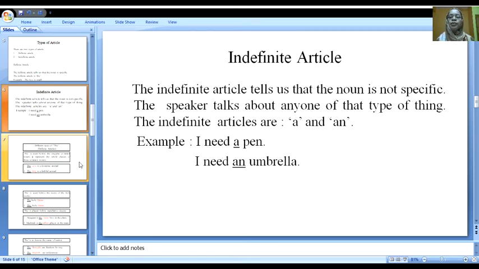Now let's come to indefinite article. The indefinite article tells us that the noun is not specific. The speaker talks about any one of that type of thing. The indefinite articles are a and an. Look at the example. I need a pen. I need an umbrella.